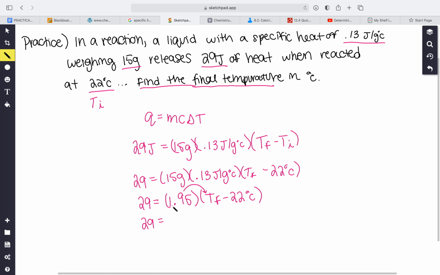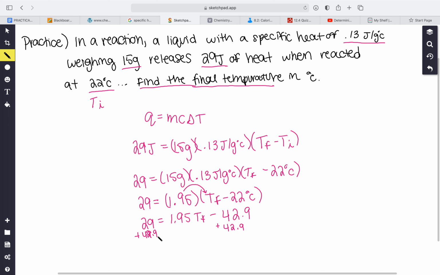So we're going to do 1.95 times the temperature final, and then 1.95 times negative 22 degrees Celsius. So we will get 1.95 temperature final minus 1.95 times 22, which will get us 42.9. And then we're going to add this to both sides in order to get rid of it.